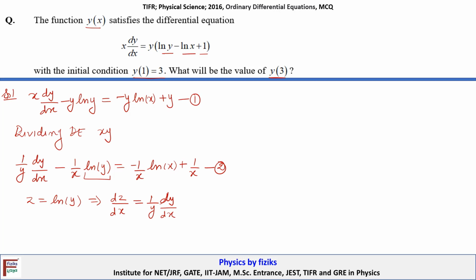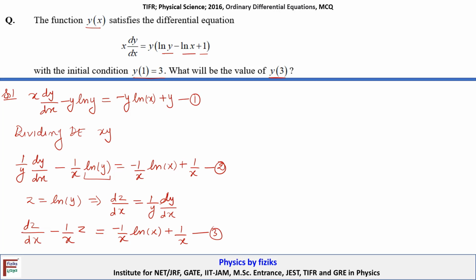The first term is replaced by dz/dx, and now −(1/x) ln y is equal to z, so we get dz/dx − (1/x) z = −(1/x) ln x + 1/x. This is equation number 3.